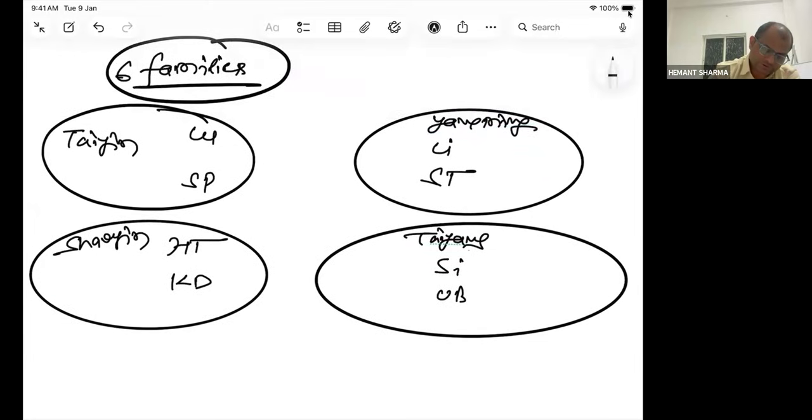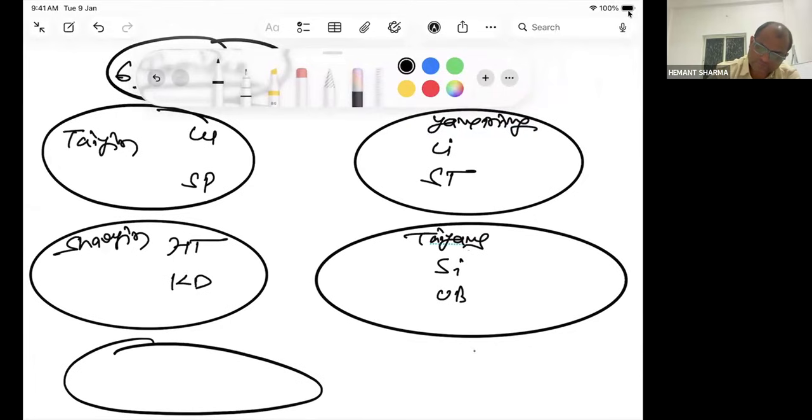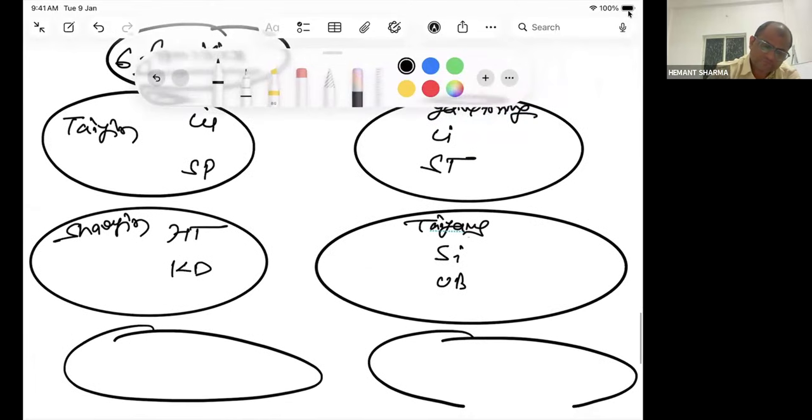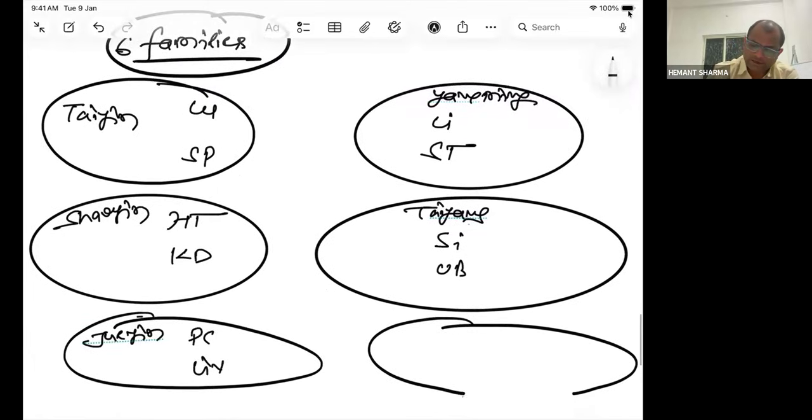Then the fifth family is Zu yin, pericardium and liver. And the sixth family is Shaoyang, triple warmer and gallbladder.